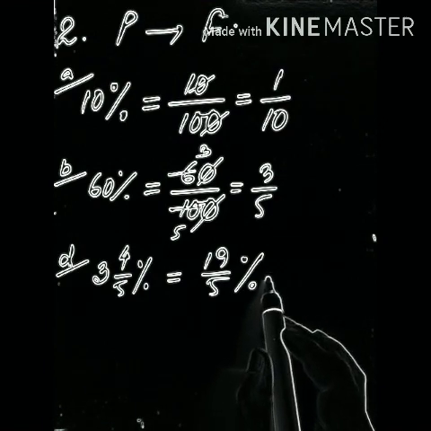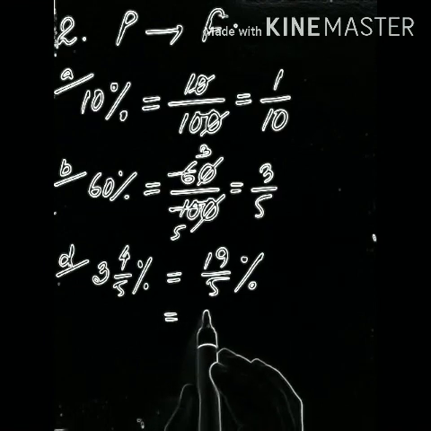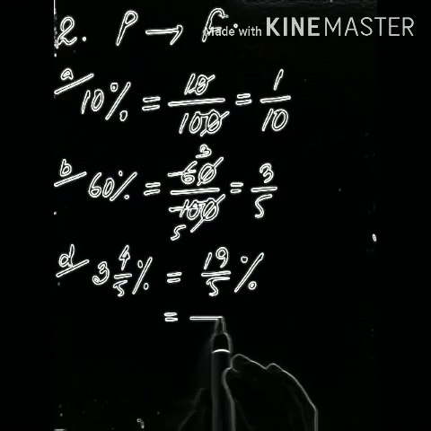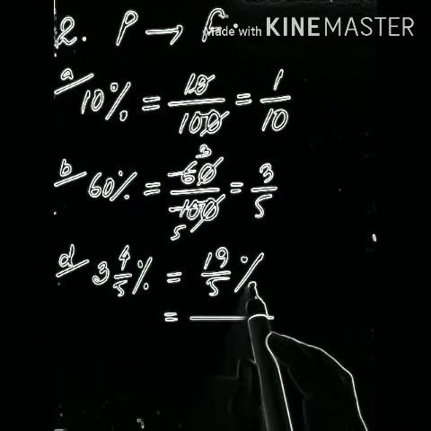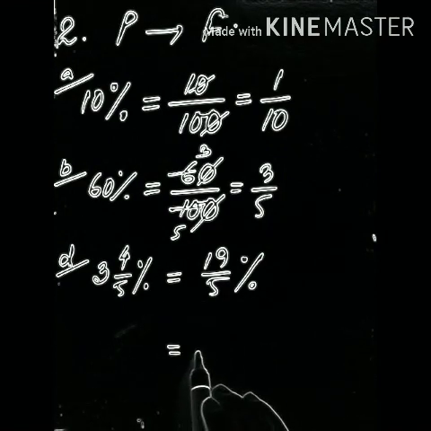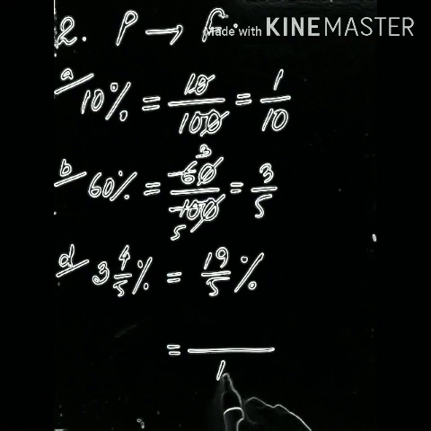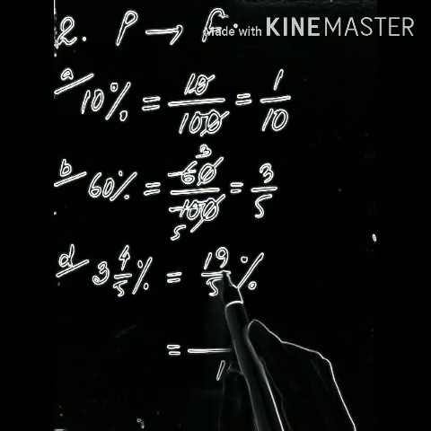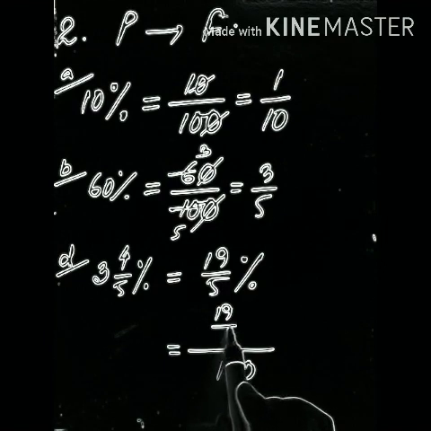So it can be written as, space is a little less, so I'll write here, this percent, 100 will be written in this way, and this is 19 divided by 5. I will not do any shortcut here.